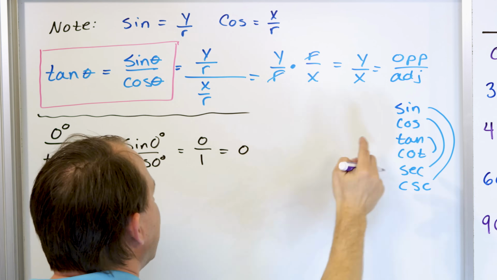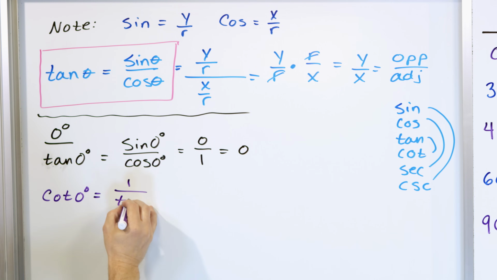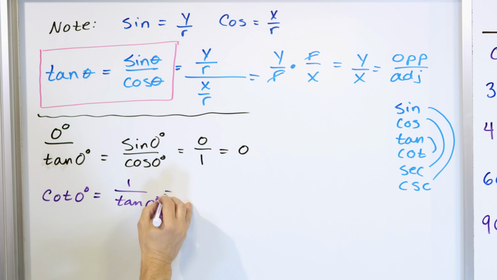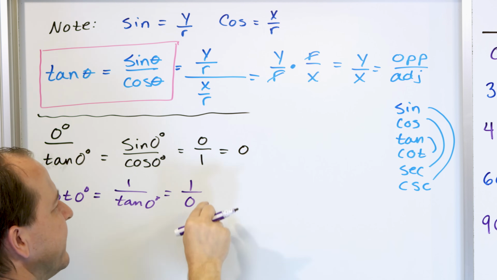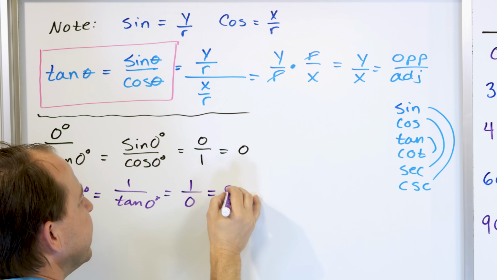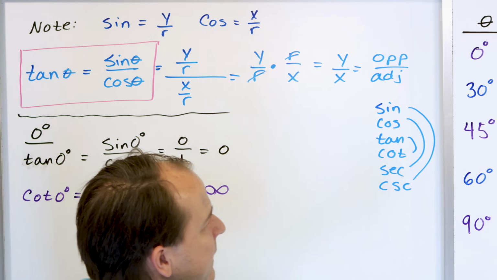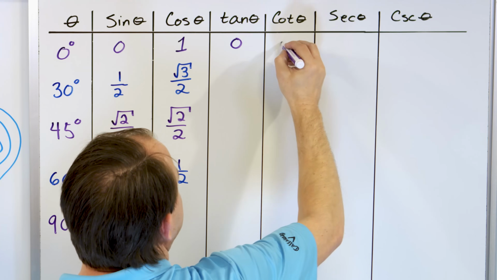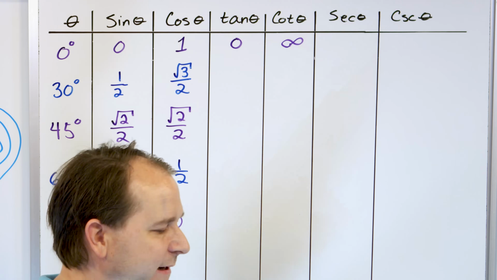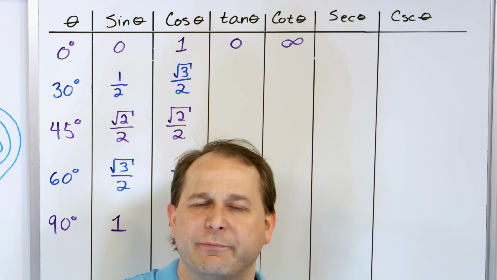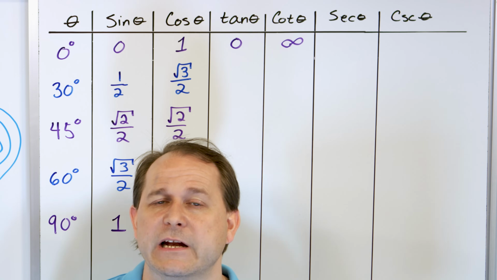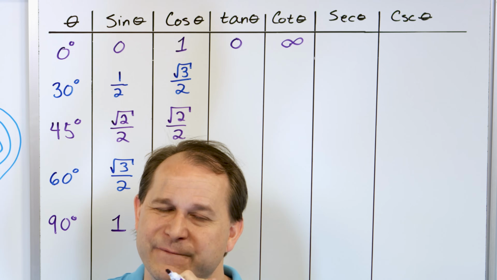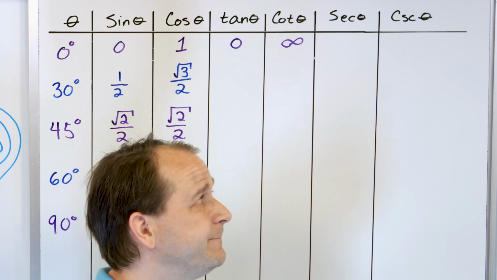Well, that would be 1 over the tangent of 0 degrees. We said the tangent was 0. What's 1 over 0? In some books you'll see it as undefined. In some books you'll see it as infinity. I'm going to put it down as infinity, but keep in mind that some books will just put undefined. If you put it into a computer, it'll tell you either infinity or undefined.